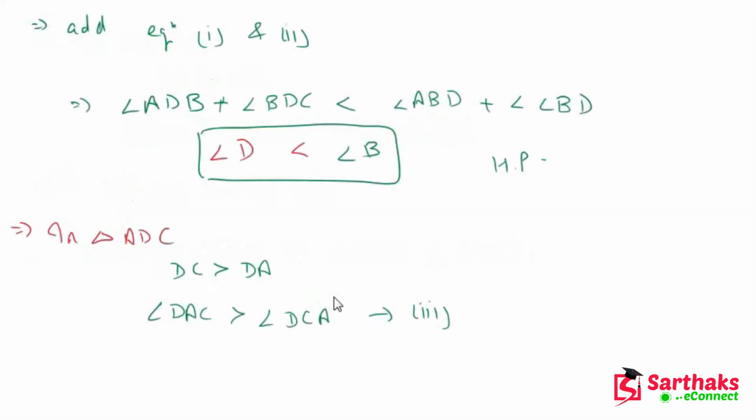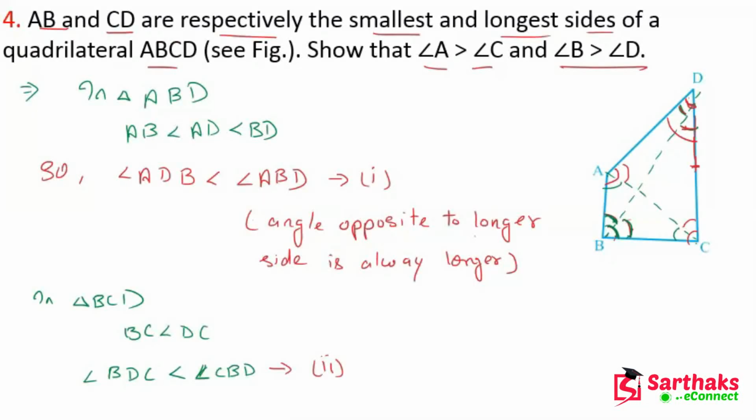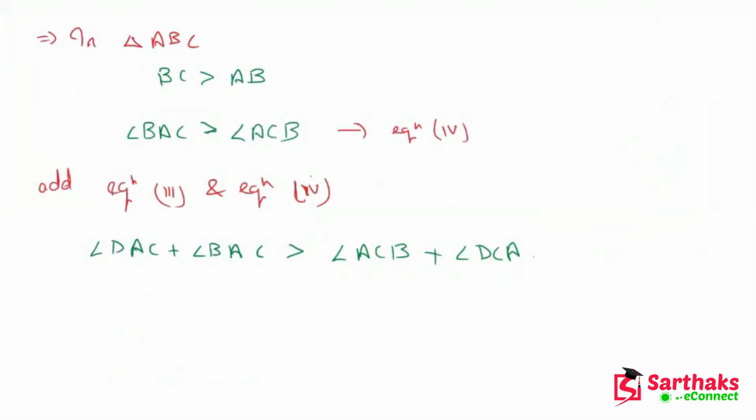You can see in the diagram, if we add angle BAC and angle DAC, meaning this angle and this angle, then we get angle A.